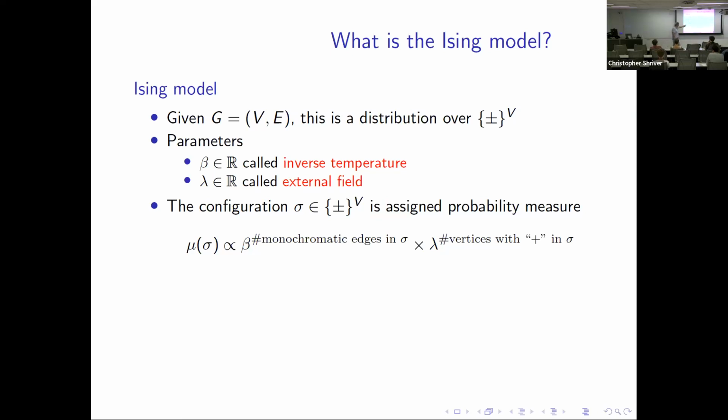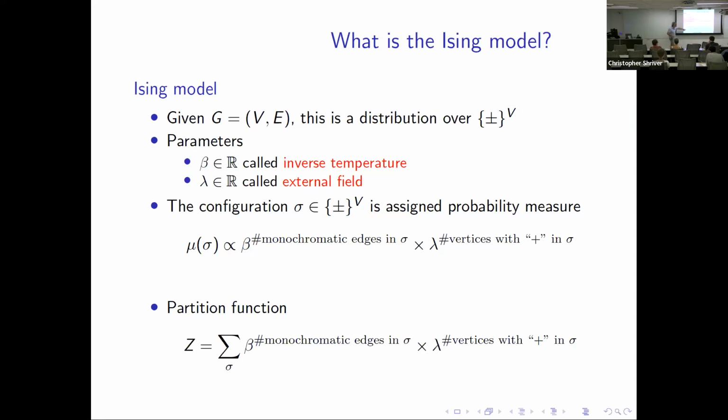So beta is raised to the number of monochromatic edges, times lambda, the external field, raised to the number of vertices with assignment plus under sigma. In order for this weight to become a probability, we need to divide by a normalizing quantity, the partition function: the sum over all assignments of the weight of that assignment.